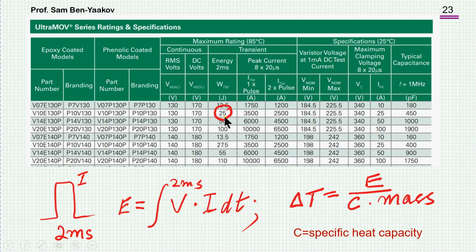Of course, this value is the integral of V times I over this 2 milliseconds. The temperature rise will be this energy divided by the specific heat capacity of the material and the mass. So the larger the size, the more energy it can store. This will be a unit with a larger size.